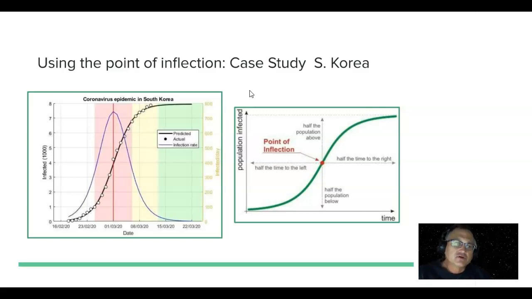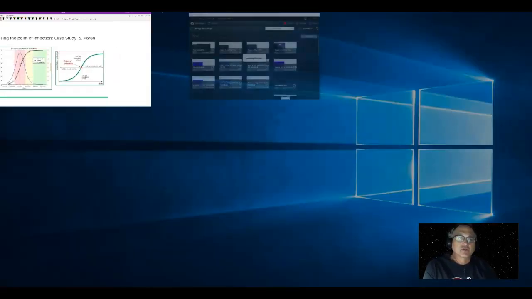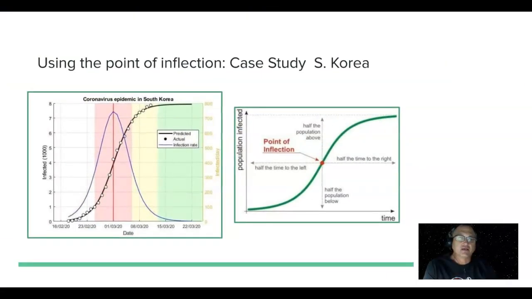And here's your logistic curve in green, right? And then the red vertical line, kind of like this dark red line here, tells you where the point of inflection is. So wherever it crosses my logistic graph, that's the point of inflection.